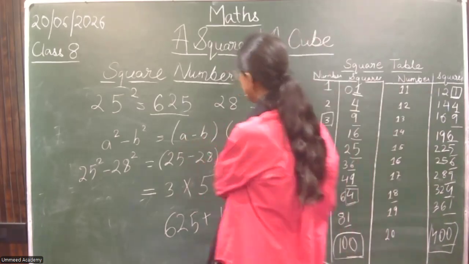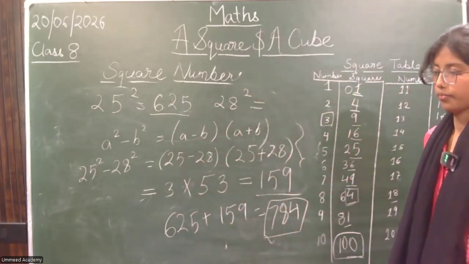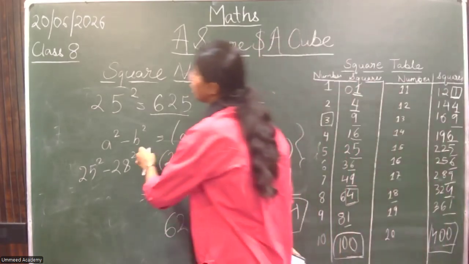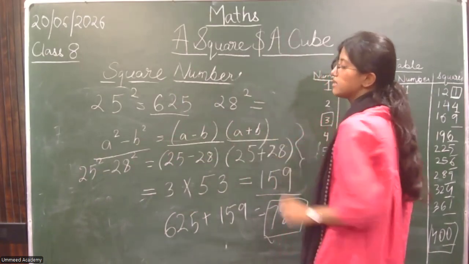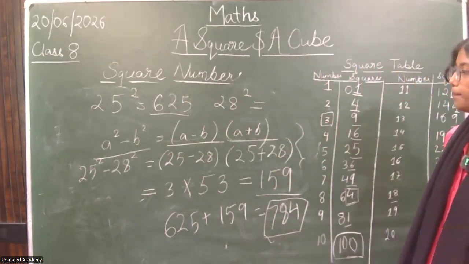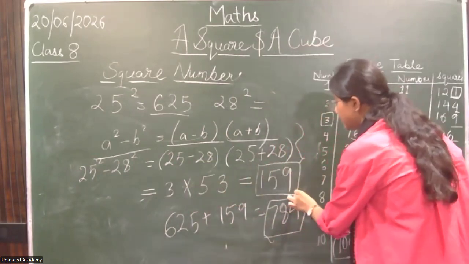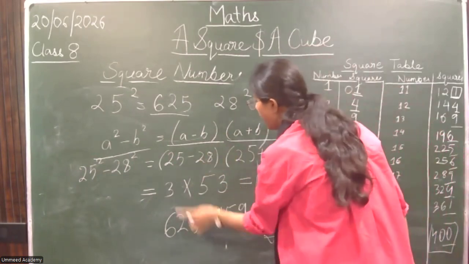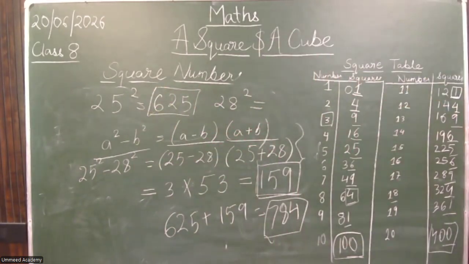This is done in just 2 steps. Was it easy? Yes, ma'am. Yes, just remember the formula. A square minus b square is equal to a minus b and a plus b. And then when you get the answer from this formula, add that answer to the square which you are provided with.